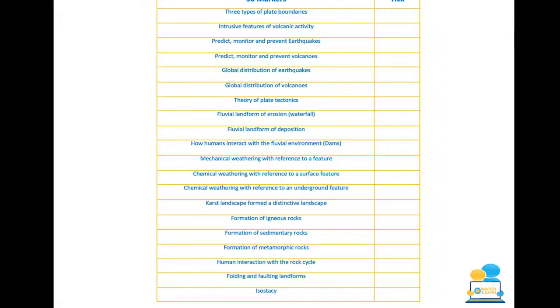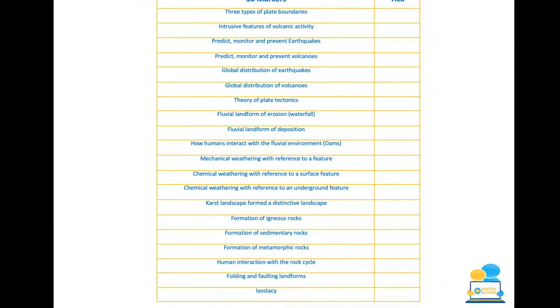For example, plate boundaries, intrusive features of volcanic activity, ways to predict, monitor, and prevent earthquakes, ways to predict, monitor, and prevent volcanoes, global distribution of earthquakes, global distribution of volcanoes, interior plate tectonics, fluvial landform of erosion, so a waterfall for example, fluvial landform of deposition, might be a delta if you're doing fluvial. Now, you could have coastal or glacial as well, but I do fluvial.